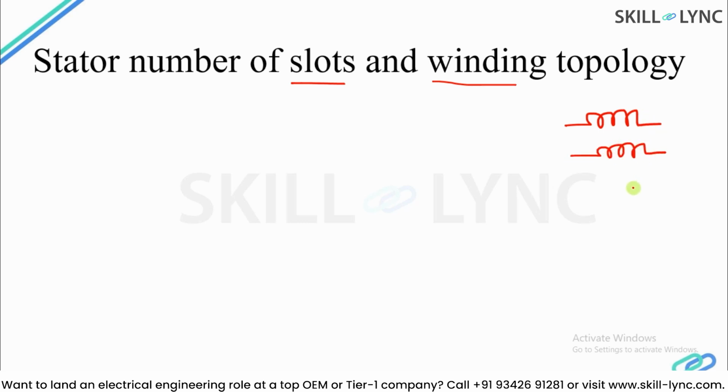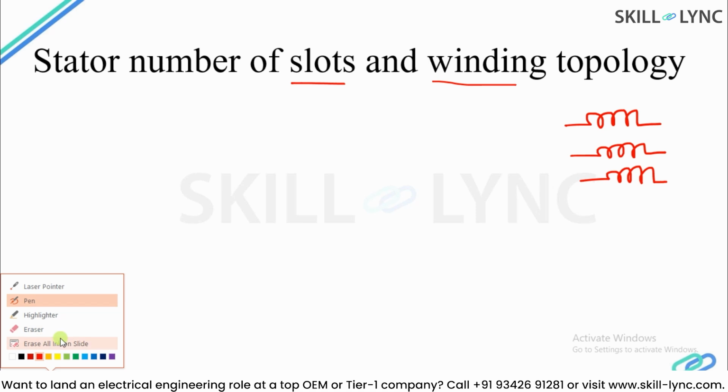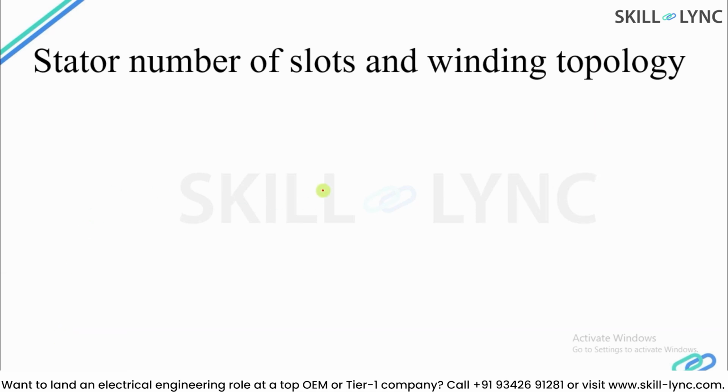It can be connected in star or delta, which is the most simple connection, but there are other ways of connecting a winding as well. For the stator number of slots, there are certain rules which are followed such that the number of slots will be a valid number. So what are these rules?